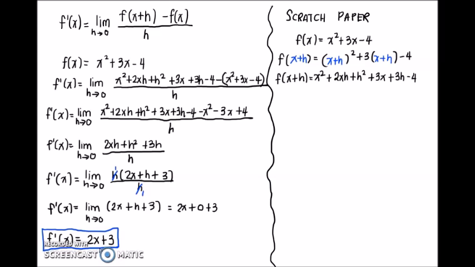So, kung anumang point ang ibigay na kapartner nitong f of x, so sasubstitute lang natin dito yung kanyang x value, then we will immediately get the slope of the tangent line. But since wala namang given point here, ibig sabihin, this is just our slope of the tangent line. Any tangent line to the function f of x equals x squared plus 3x minus 4.